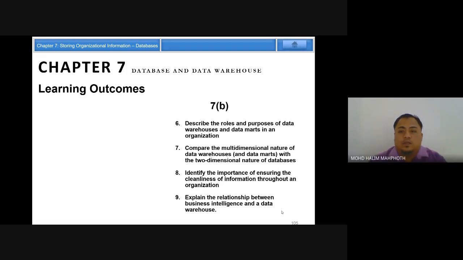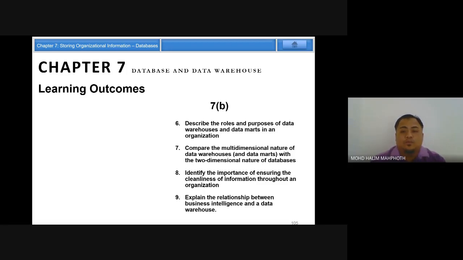We are continuing under the topic of databases, which I covered last week, more towards the introduction of database, where we got to know about the entity, the attributes, and what the function of the database is.